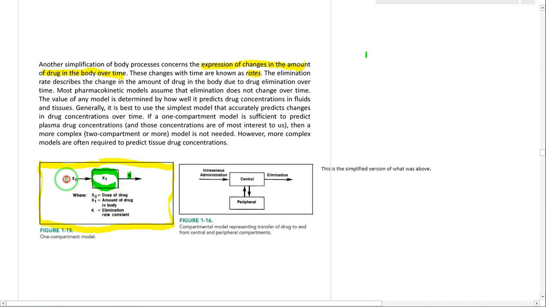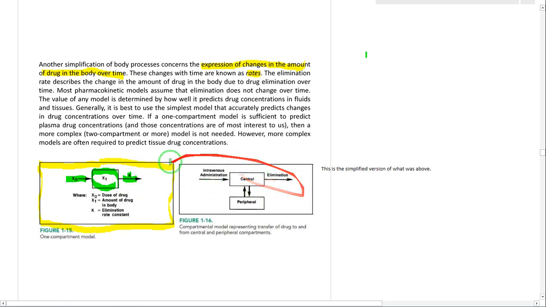tells us that a certain amount of drug just enters in, some is accumulated here and some will come out. The elimination rate constant tells us how much of the blood is going to be eliminated, excreted out of the body, and the less it is, the more drug is going to be accumulated within the body.